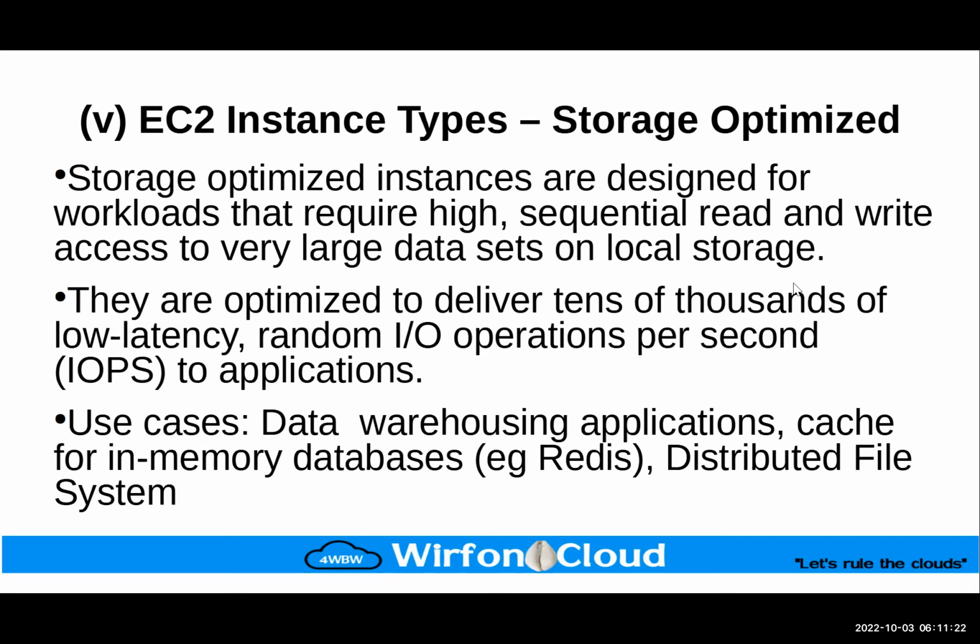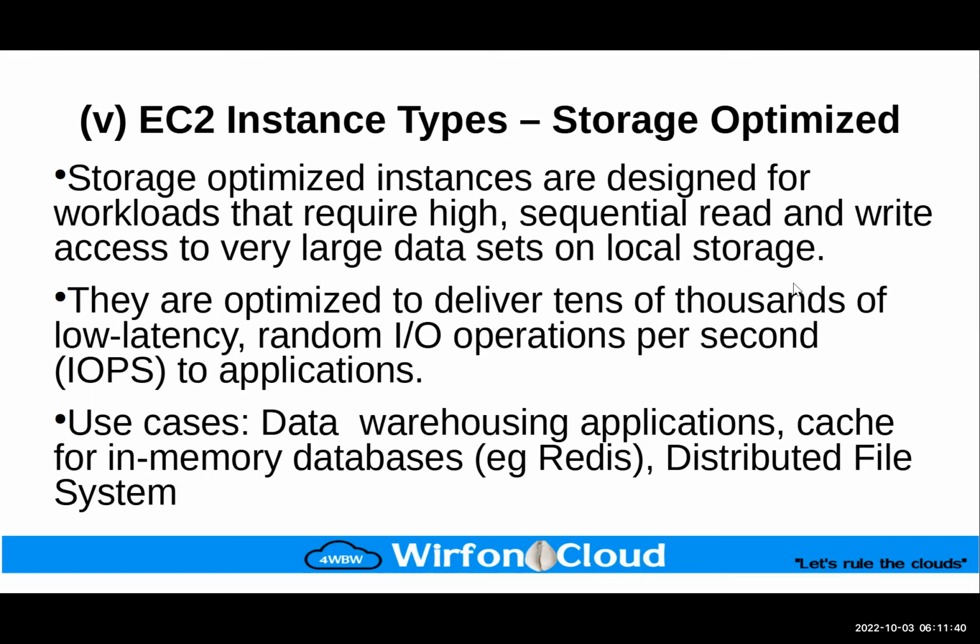Then you have storage optimized EC2 type, and those are designed for workloads that require high sequential read and write access to very large data sets on your local storage. Again, you hear about storage in the course of time.